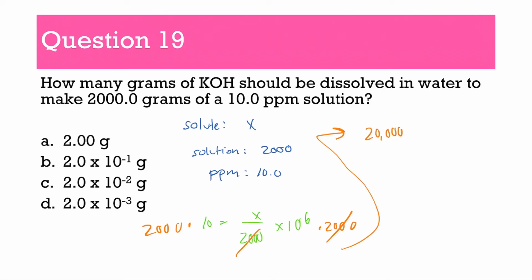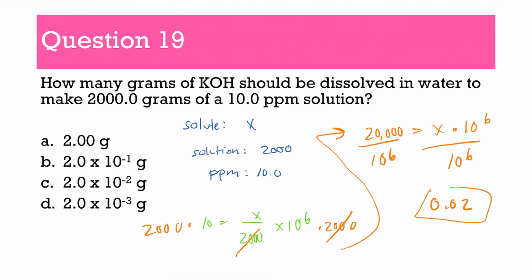And so I'm going to bring this up here. We get 20,000 equals x times 10 to the 6th. To get x by itself, divide by 10 to the 6th, divide by 10 to the 6th. 20,000 divided by 1 million, or 10 to the 6th, is 0.02. Now, the problem is we don't see that answer. We see 2 times 10 to the negative 1, 2 times 10 to the negative 2, 2 times 10 to the negative 3.